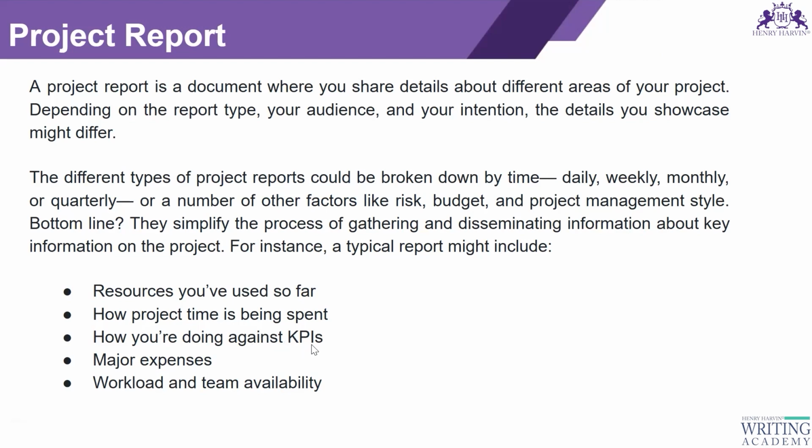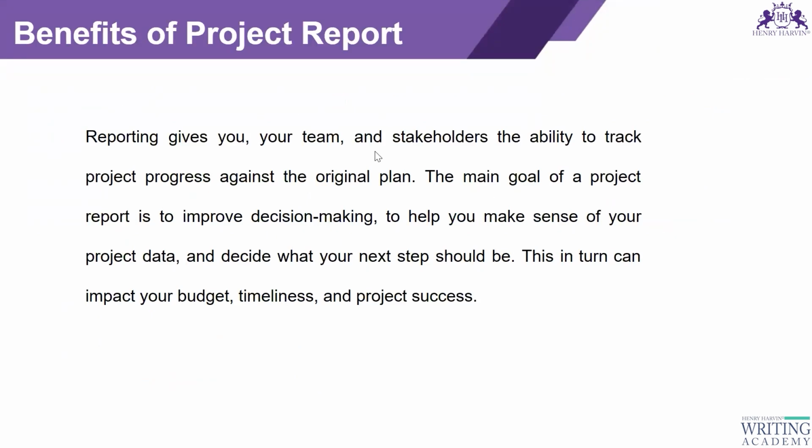The KPIs, and KPIs means key performance indicators. For every project, there is a key performance indicator to measure the success of the project. That is how you come to know if the project is becoming successful or not. What has been the major expenses on the project, workload, and the team availability. These are the inclusions of the project report.